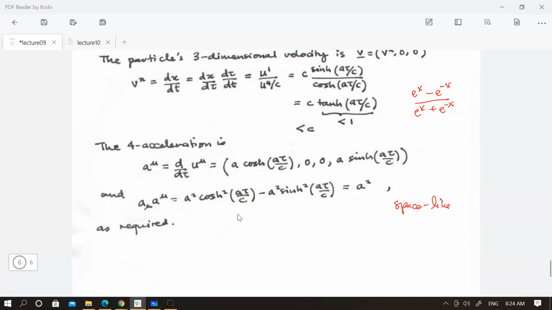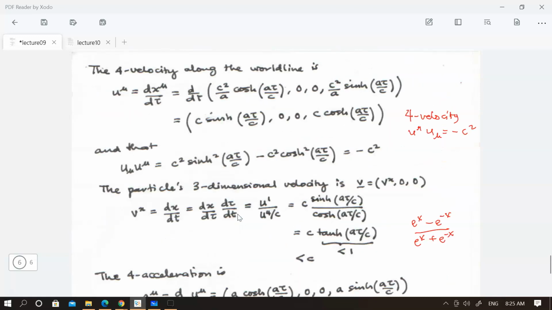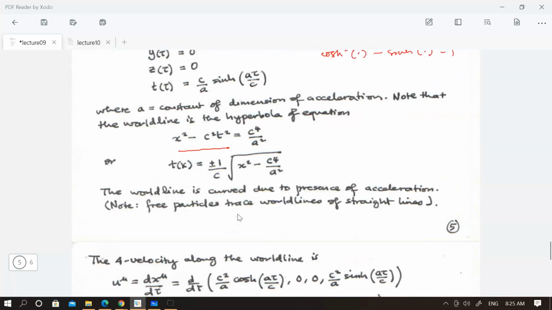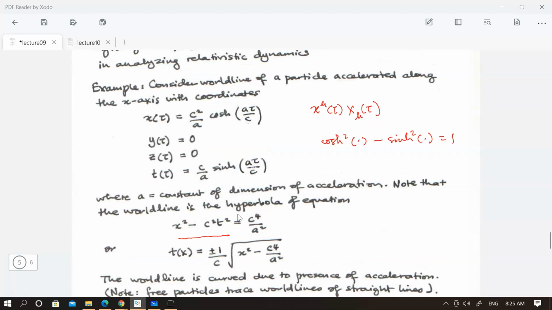So you can see that the a that comes into the magnitude of your four-acceleration is coming from the factor that we introduced earlier inside your hyperbolic function.